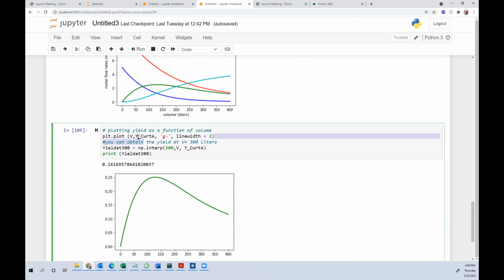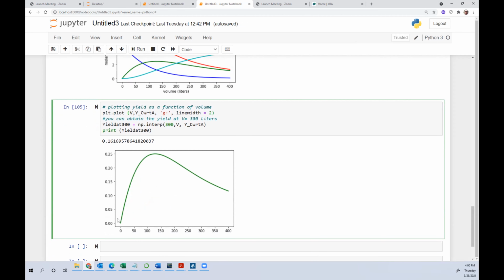So you can plot the yield of C with respect to A as a function of how you go through the reactor. And you can see that it maxes out along the same time where C stops being made, then the yield with respect to A starts going down. And you can actually do an interpolation at 300, and it tells you that the yield is about 0.16 of C with respect to A.